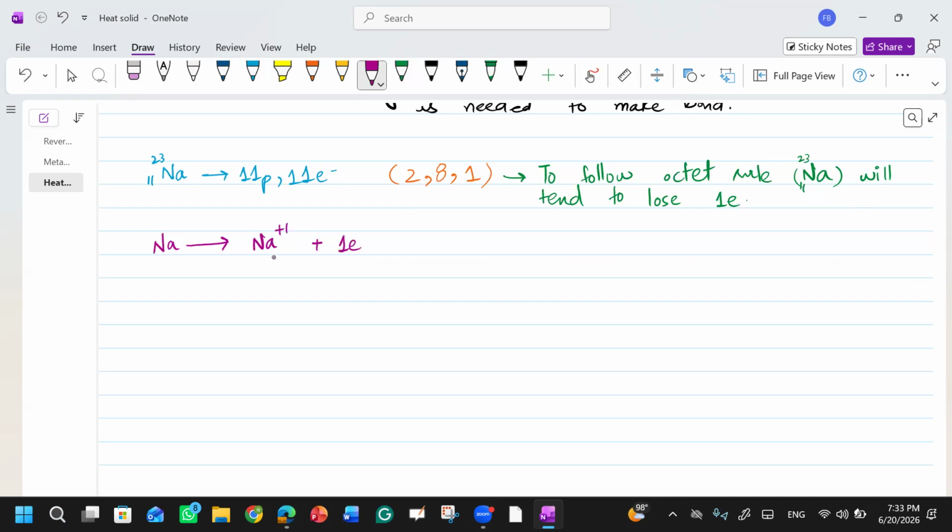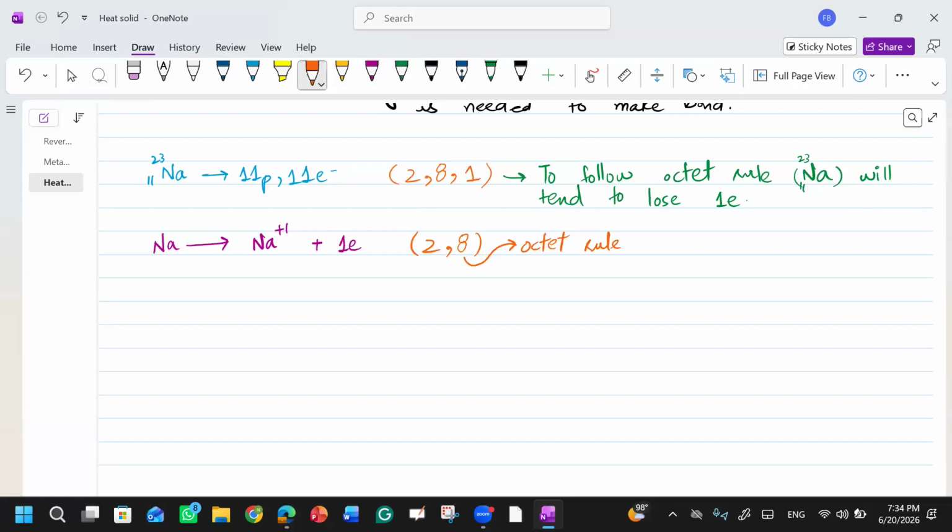Now my question is, it has lost one electron, what will be the electronic configuration of the sodium ion now? It will be 2, 8, right? This is the electronic configuration. It means the octet rule is followed.